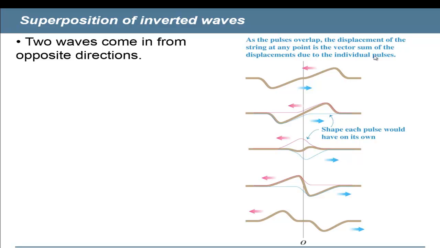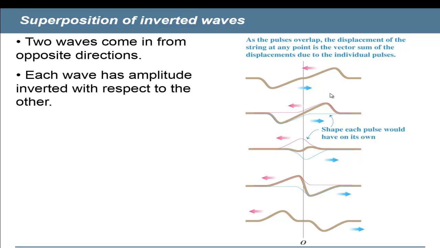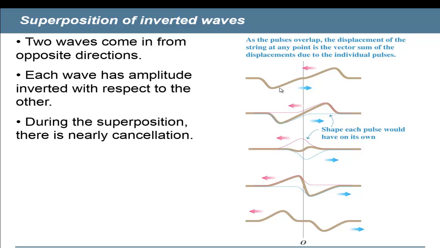So basically, each wave has an amplitude inverted with respect to the other. Remember, because we're talking about superposing two inverted waves. And then during the superposition, they're nearly canceled out because the amplitude becomes very small at that point.